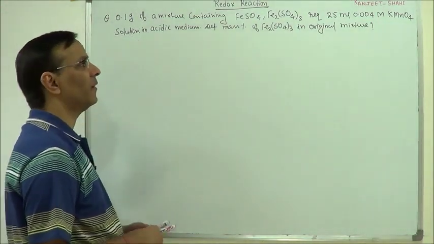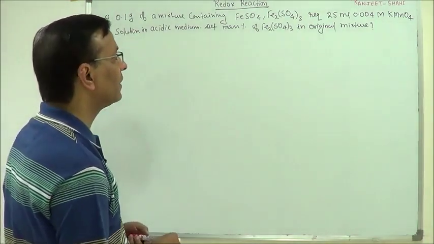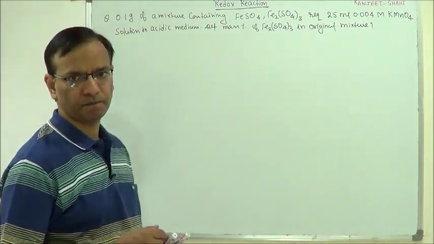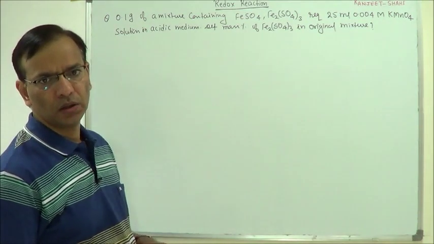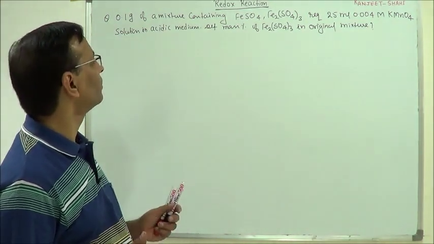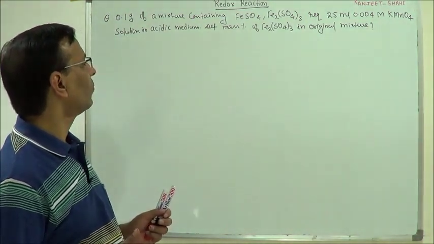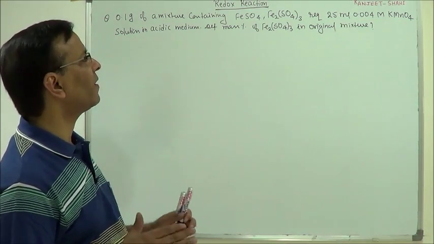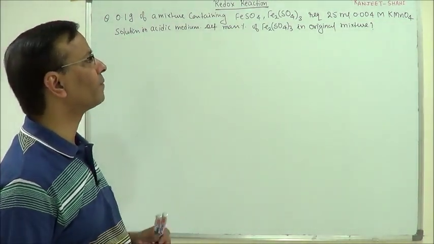So in this question, we have a mixture. So 0.1 gram consists of ferrous sulfate and ferric sulfate only, no impurity.